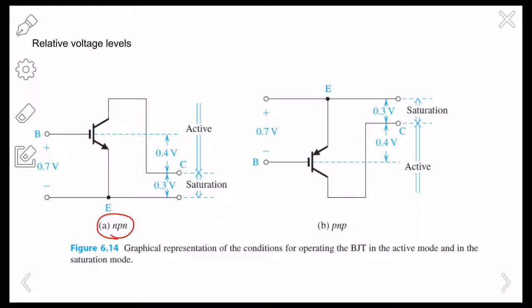If you need your BJT to be conducting current or turning on, you need a 0.7 volt difference between base and emitter.